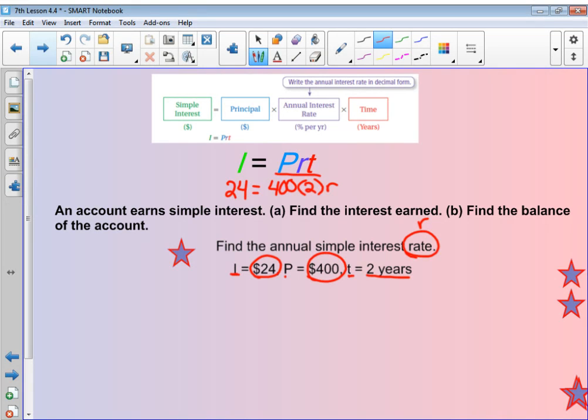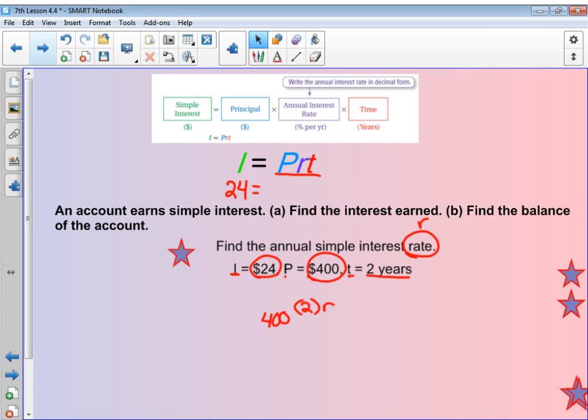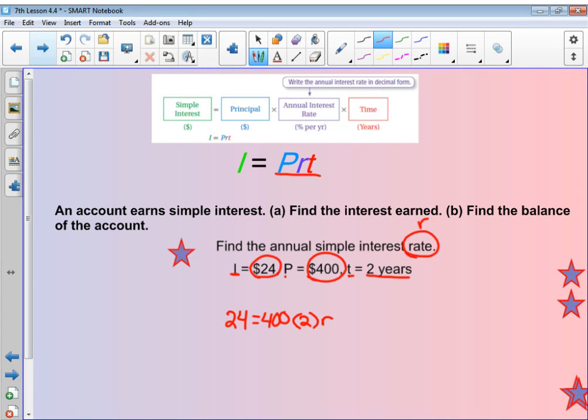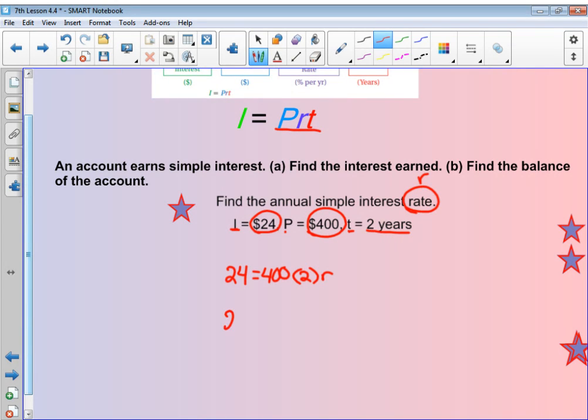Okay, so when I go through to solve this, let's shift this down here so I can actually write. I want to simplify. So I still have 24 on this side, equals, and simplifying this we get 800, right? 400 times 2 is 800, times R. Now we're going to get R by itself, so divide by 800.